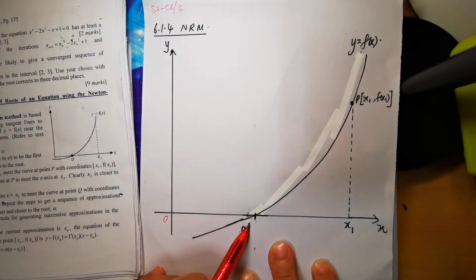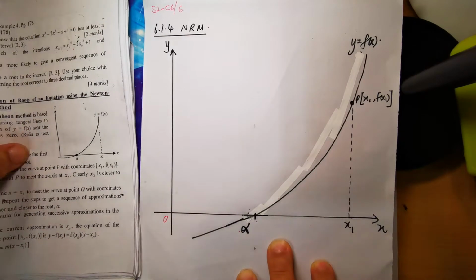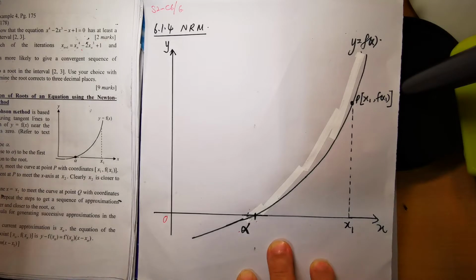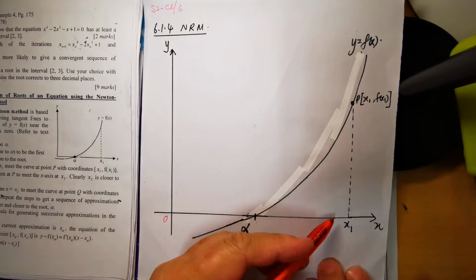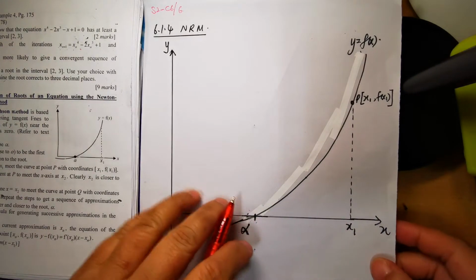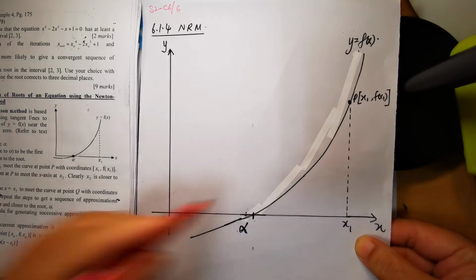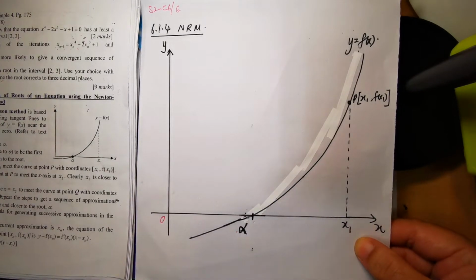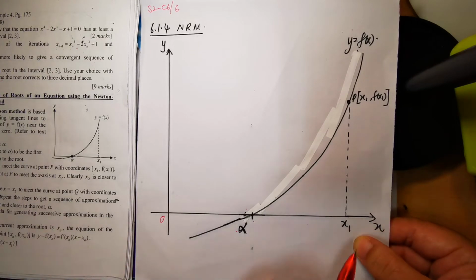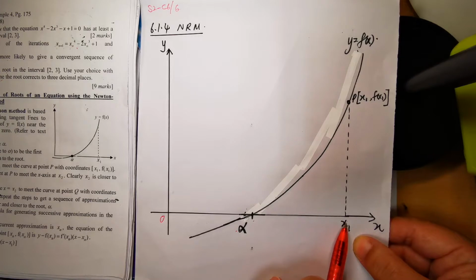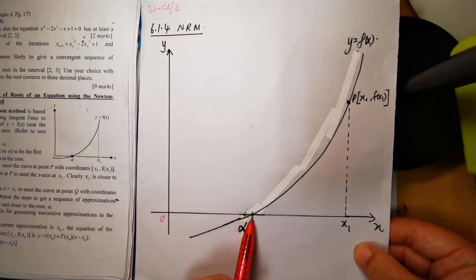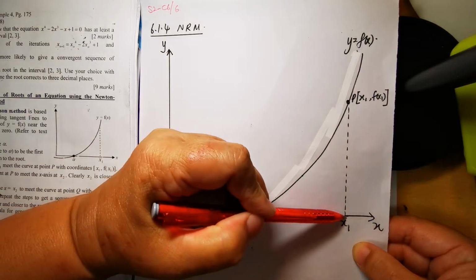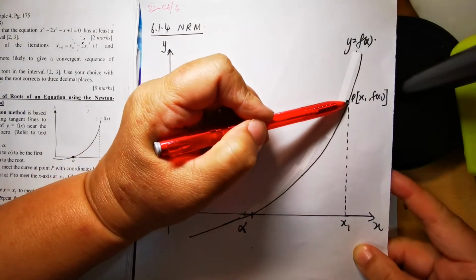We will choose one approximate value of x, let's say x0, or you can use x1, both can. So we start with x1. Let's say we choose an initial value of x which is close to the actual root alpha.